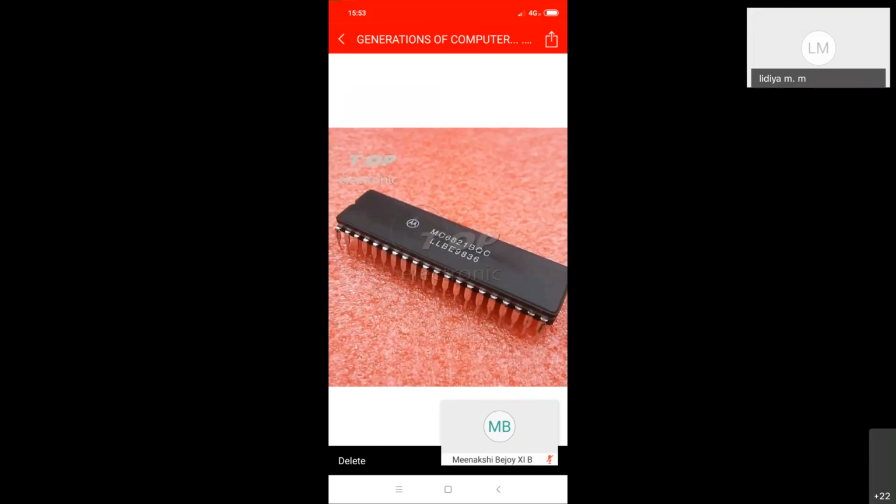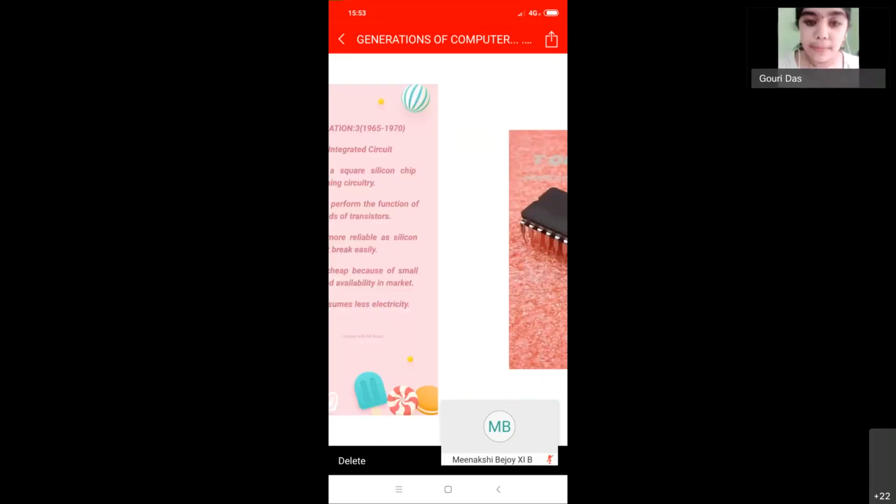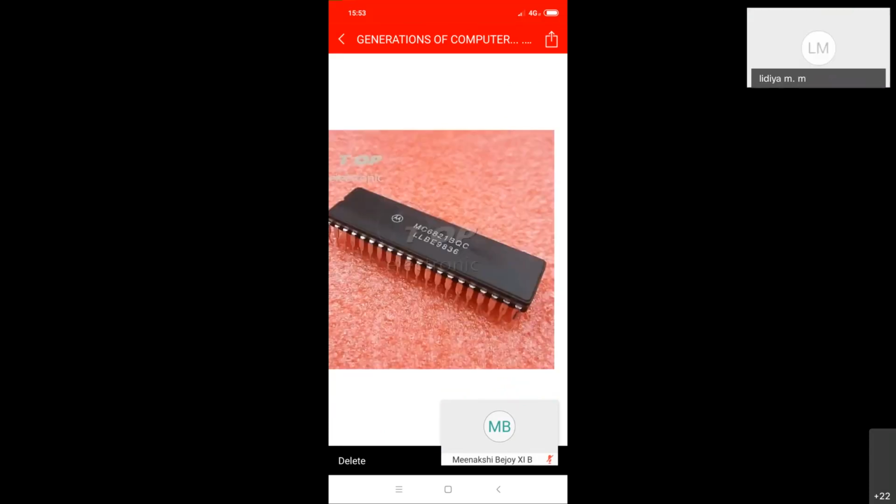Can you tell some integrated circuit advantages? Less electricity. I didn't hear you. Less electricity.